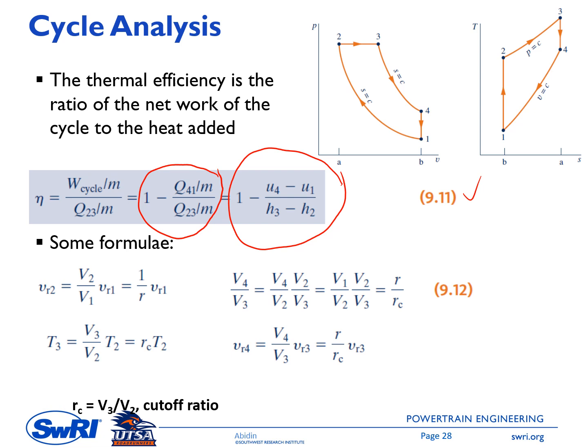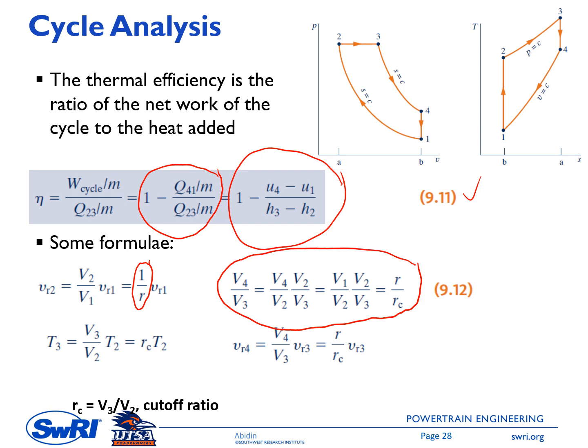And some other formulas that we can have here relate the volume ratio. So here we have VR2 equal to V2 over V1 times VR1, and V2 over V1 is the reciprocal of the compression ratio. And then you can also use this formula to get the ratio of V4 over V3.